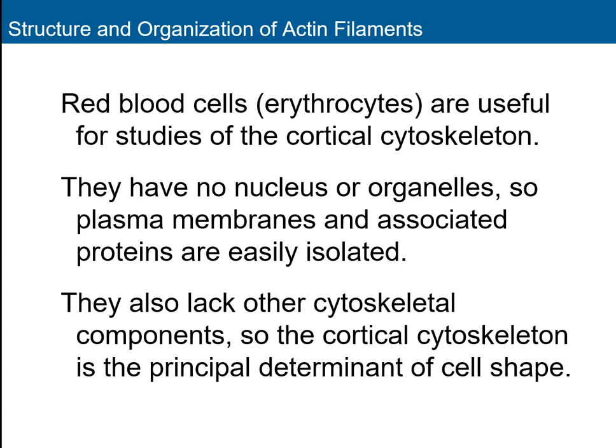It's really just cytoskeleton, membrane, okay? And then obviously the associated proteins. So they're used a lot to study what's happening in that cortical cytoskeleton, the actin cytoskeleton that's right near the edge of the plasma membrane, okay? Right, so again, it's really just this actin cytoskeleton there.